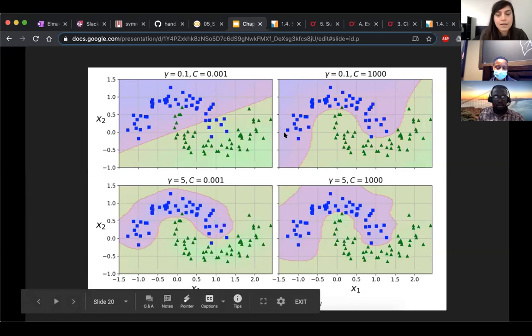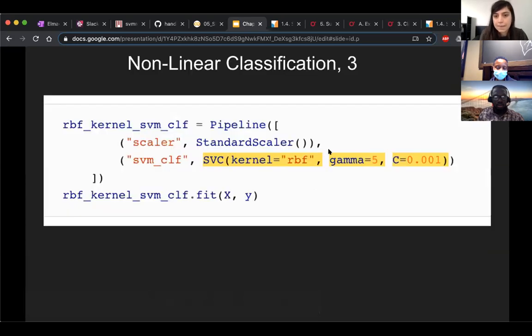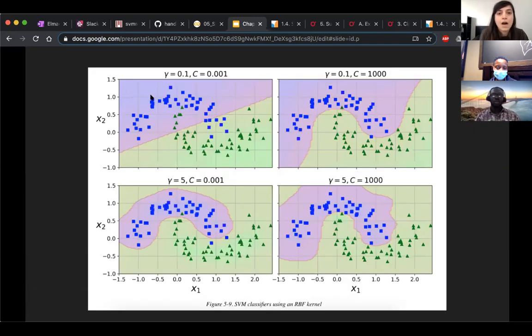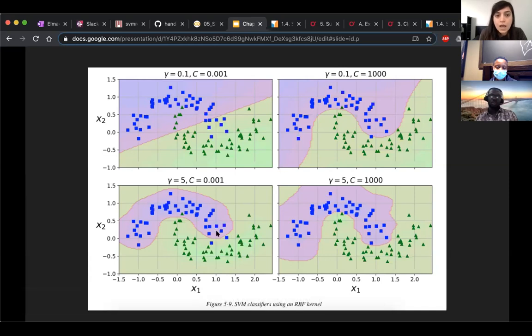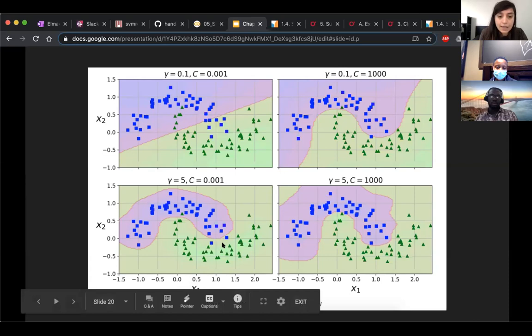Now, there's another hyperparameter, and that's gamma. How is that going to change anything? On the upper part, this is gamma with a lower number, and this is a higher gamma. The higher gamma will make our model more sensitive to misclassification, meaning that it needs to include more and more data in the correct classes.